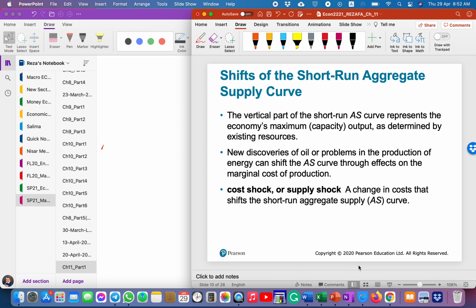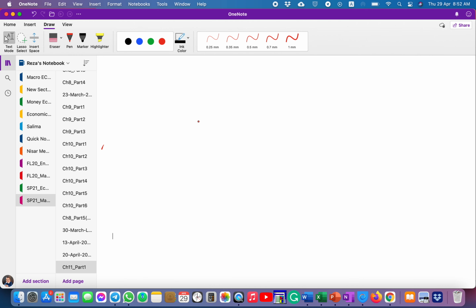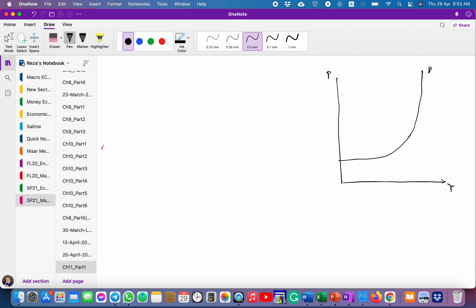And now the discussion of the changes in aggregate supply. We would say that the aggregate supply curve is such a shape, and if the price changes, then Y is moving alongside the curve.